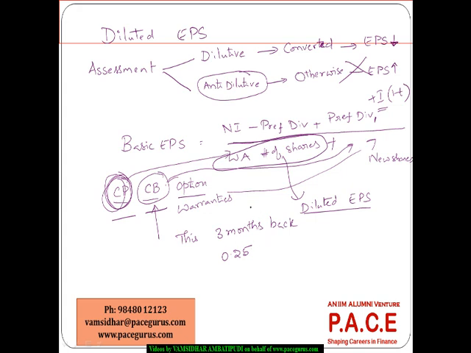So that part remains the same, but the major thing for me is the computation of these two. But in case of stock options and warrants, there is a slightly different method, which we call the treasury stock method.